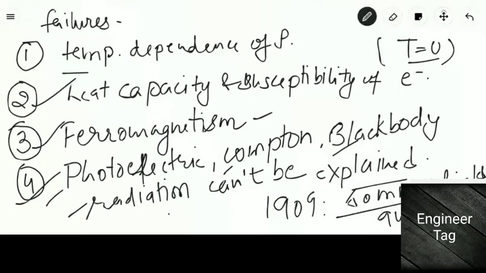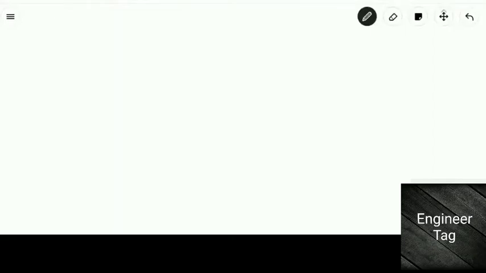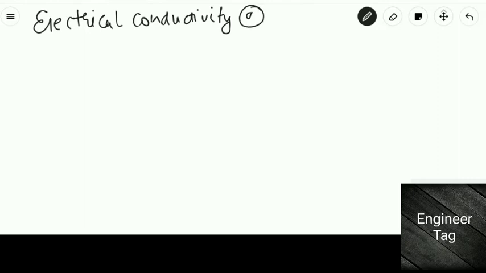Let's see some numerical part. We are discussing the electrical conductivity, so we find out the electrical conductivity, sigma, in case of the classical model. We have considered the electrons as molecules, and these are obeying the Maxwell-Boltzmann statistics.